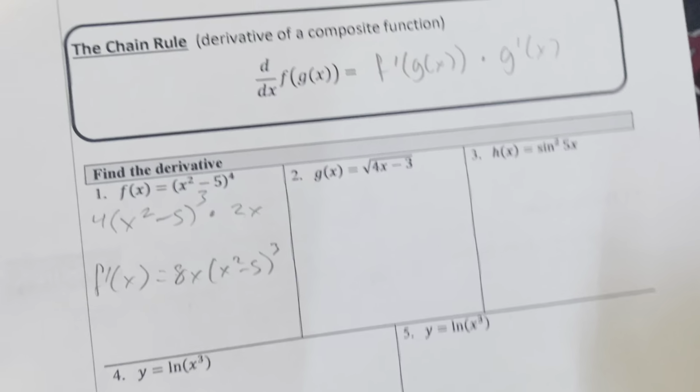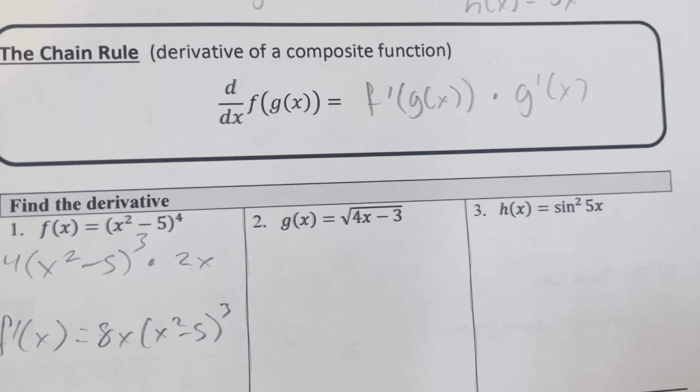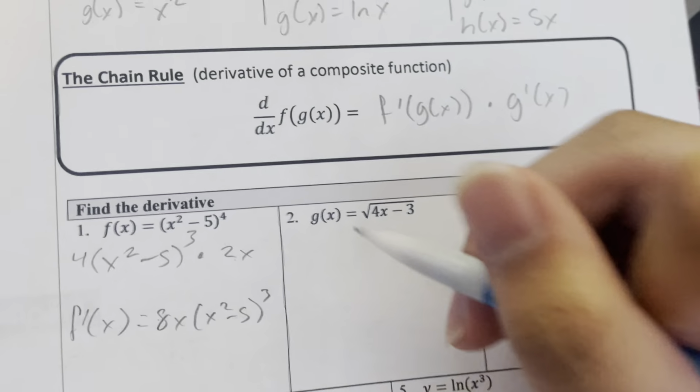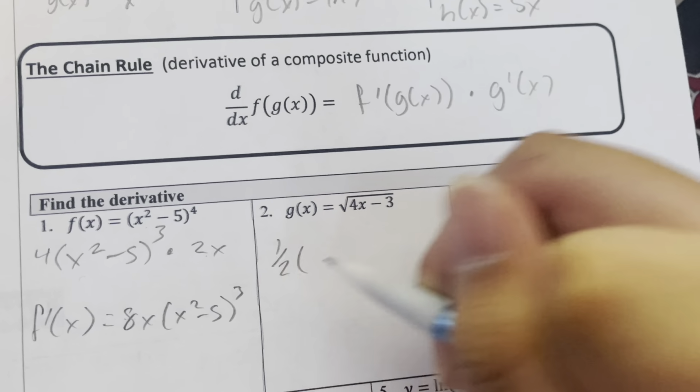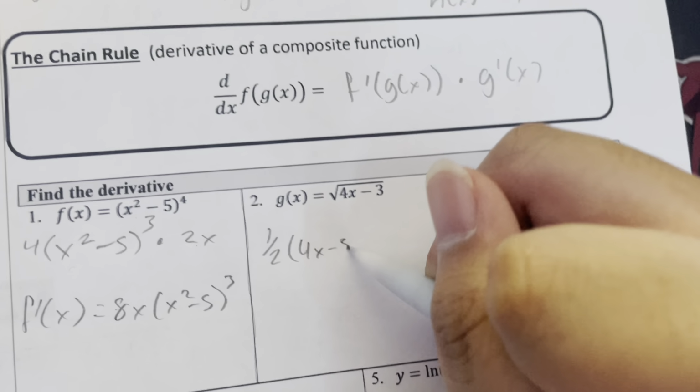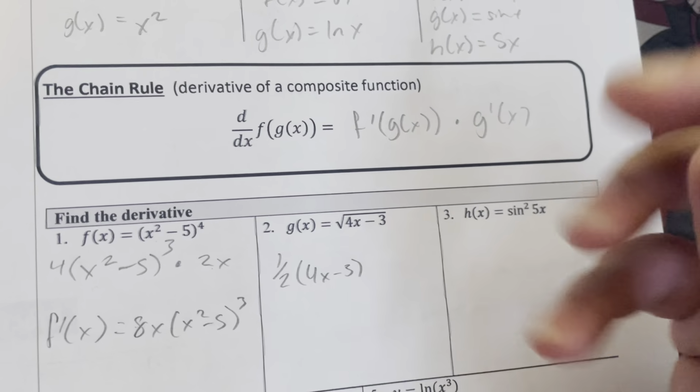For this problem, first you find the derivative of the outside, which is 1/2 multiplied by the inside, 4x minus 3, to the power of negative 1/2.